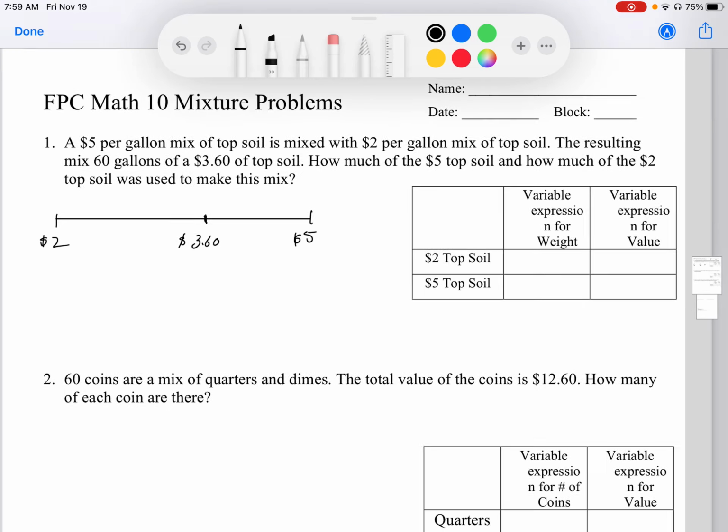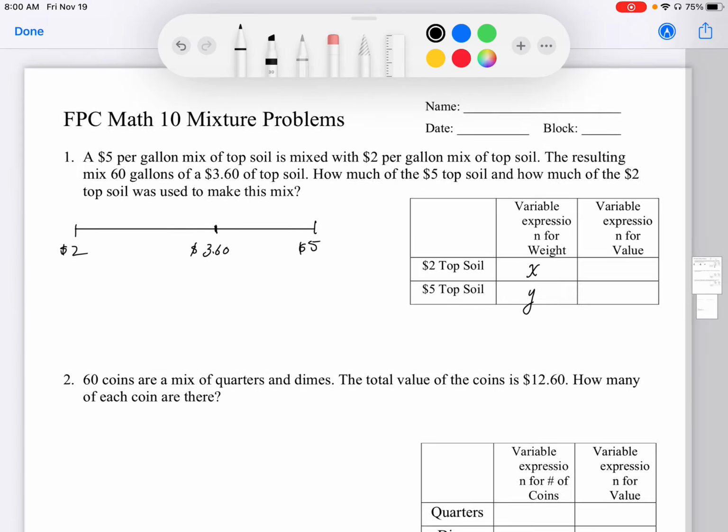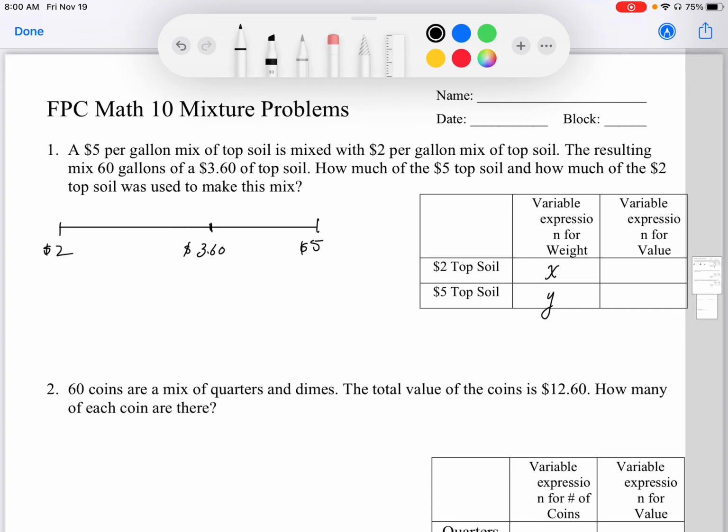So it says how much of the $5 topsoil and how much of the $2 topsoil was used to make this mix. We're going to let the variable for the weight of the $2 topsoil be X, and the variable for the $5 topsoil be Y. The value of that is in gallons, at $2 per gallon, so 2 times X is the amount that it's worth.